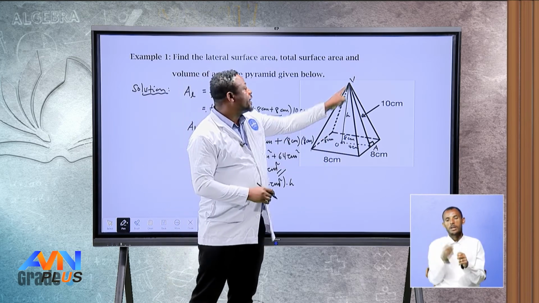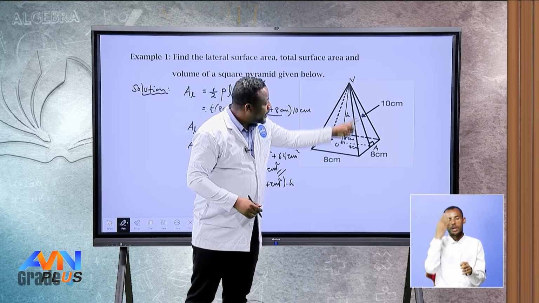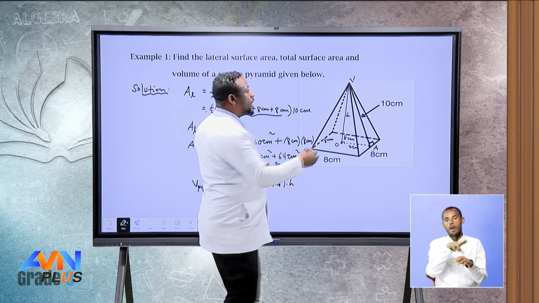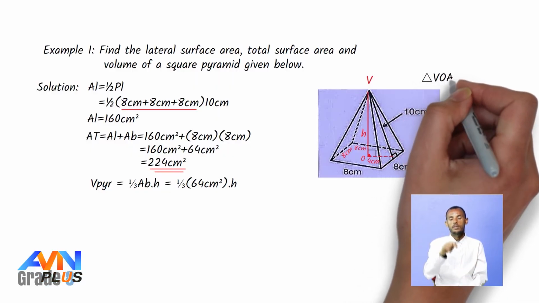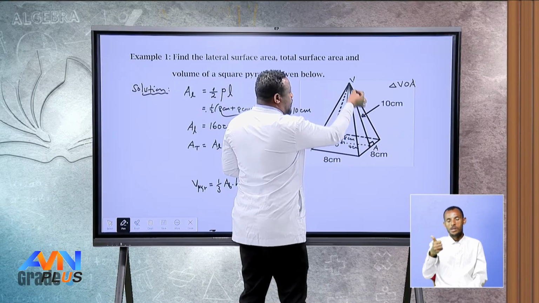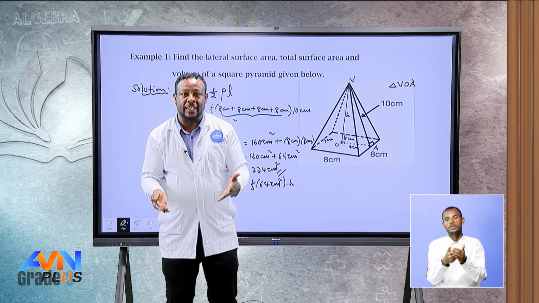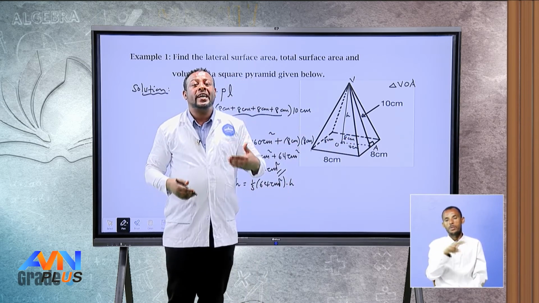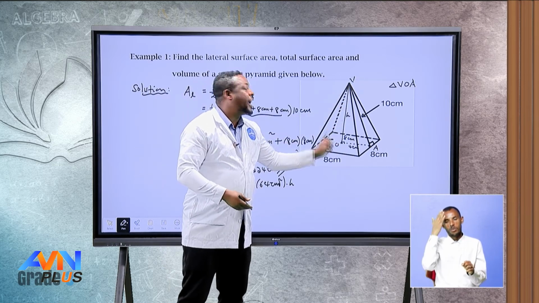If it is a right angle triangle, we know that the slant height VA becomes the hypotenuse for triangle VOA. Since VA is the hypotenuse, we can apply the Pythagoras theorem to determine the unknown side, h.